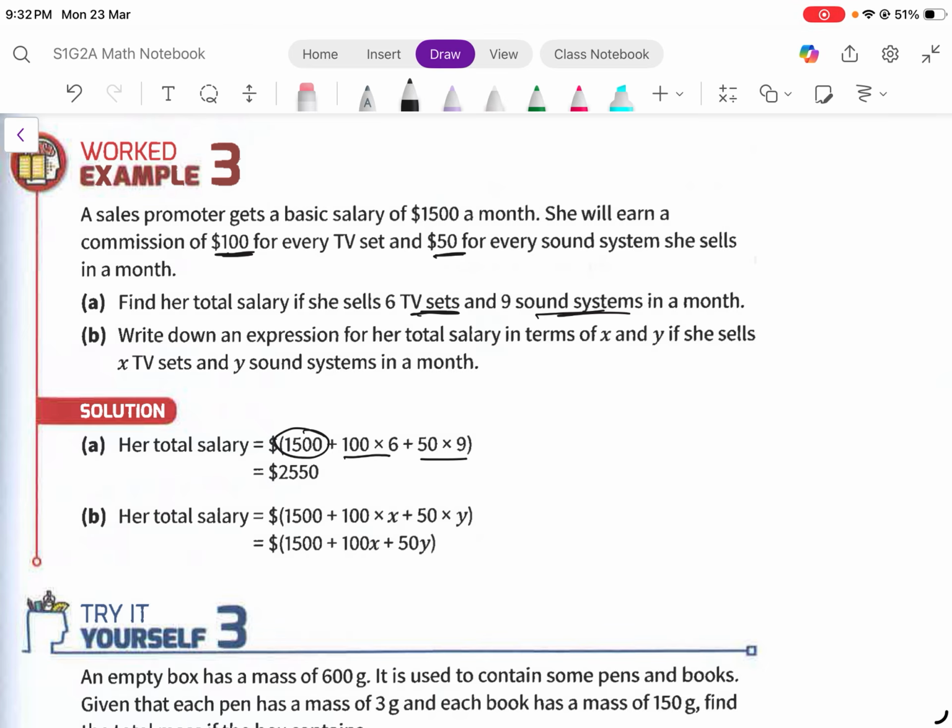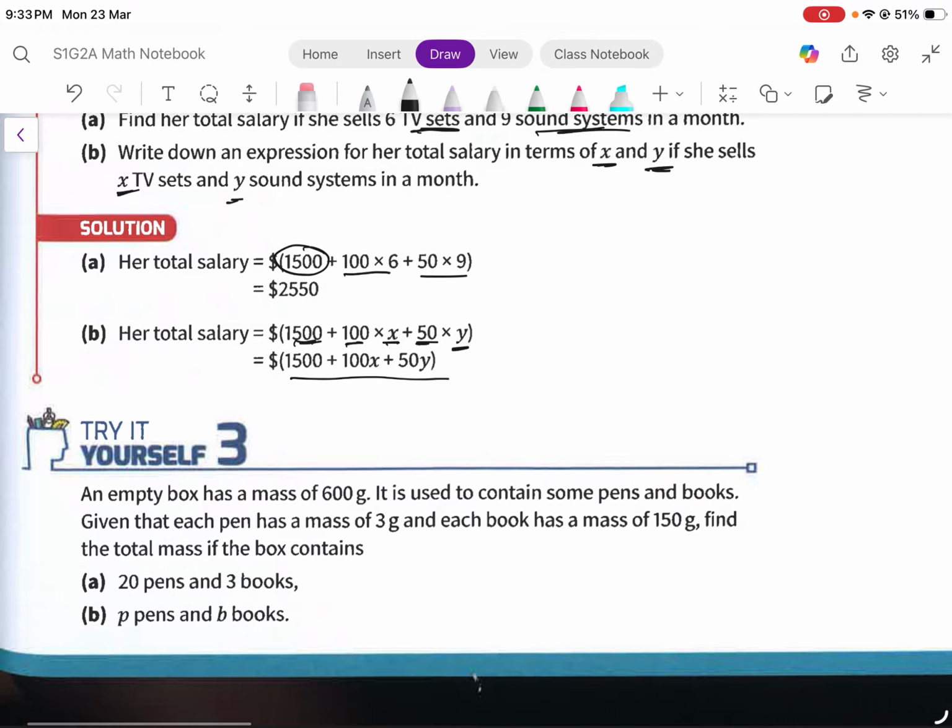Okay, so now if she sells X TV sets and Y sound systems, you realize that even though the commission has become algebraic terms, the format is the same, right? $100 per TV set is 100 times X, $50 per sound system is 50 times Y, plus the basic salary. So this is what you get.